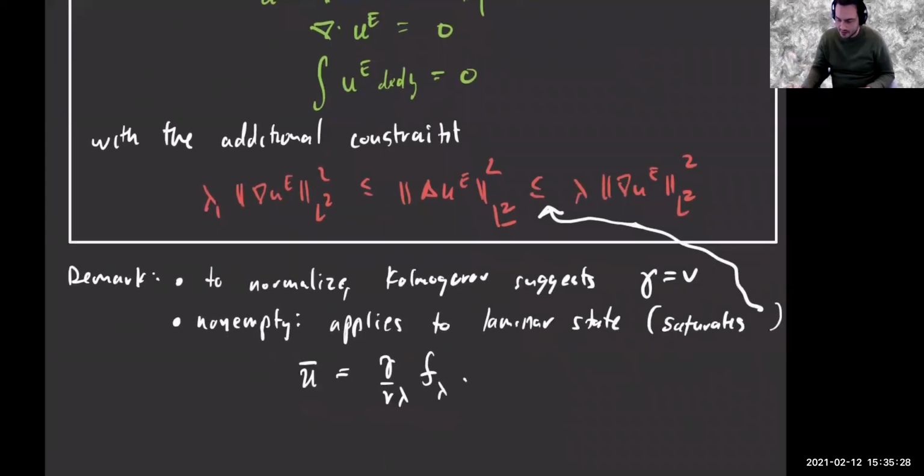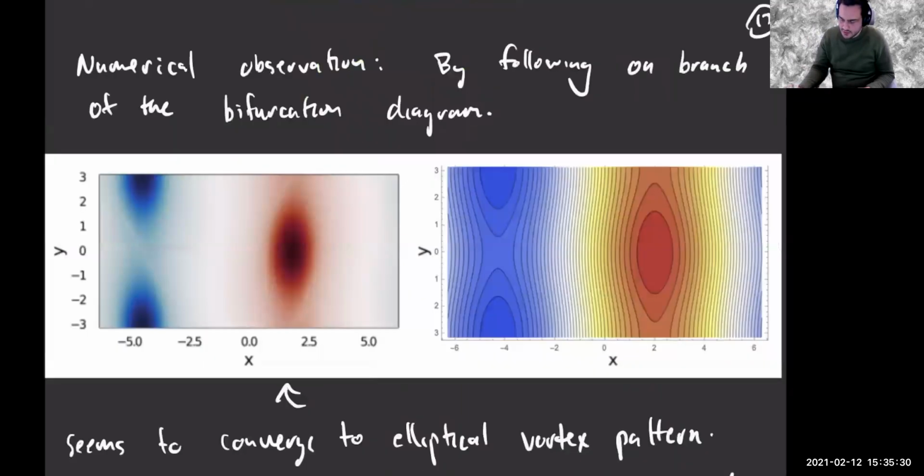Now here's a picture that I found from the numerics when I followed this bifurcation curve to very high values of mu. What I found is that you could trace along a family of steady states that have some basin of attraction. That's actually how I see them numerically.